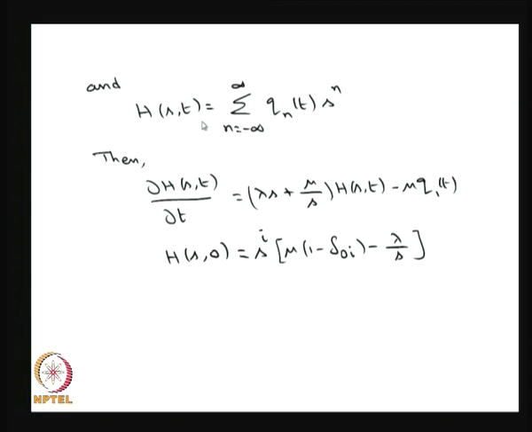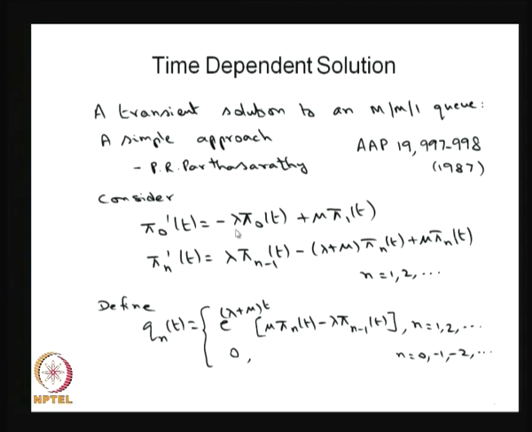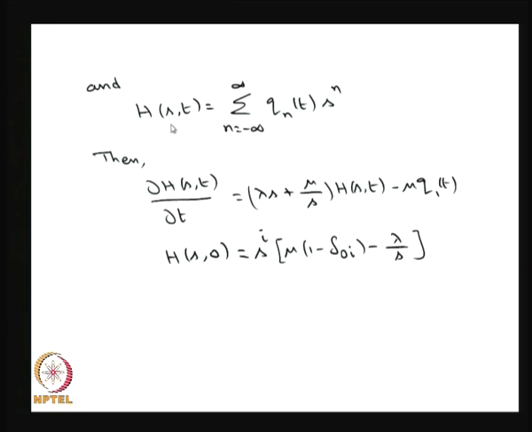Therefore, this is a generating function in terms of Qn(t), where Qn(t), for n equal to 1 to infinity, is the difference of mu times pi n minus lambda times pi n minus 1, multiplied by e power this function, and for n equal to 0, minus 1, minus 2 and so on, it is 0. Therefore, you have a generating function.